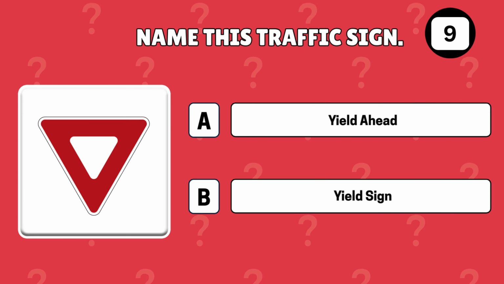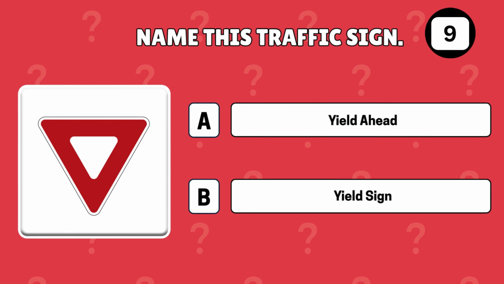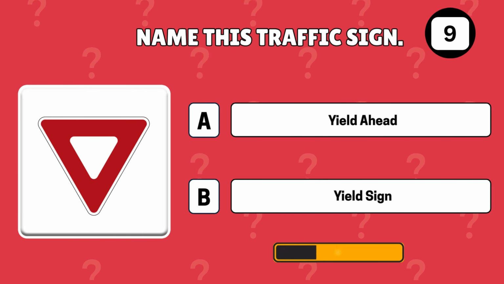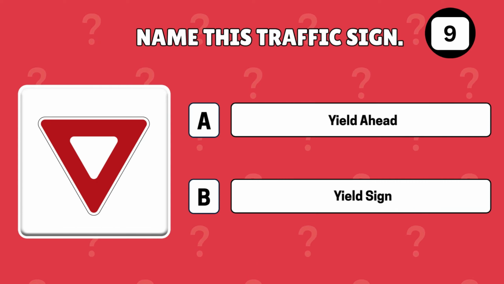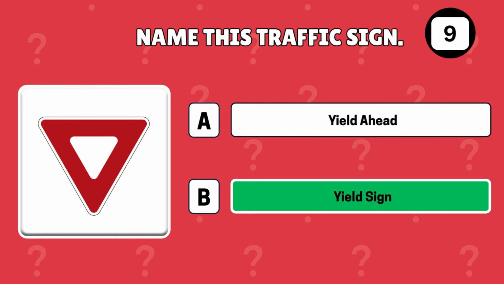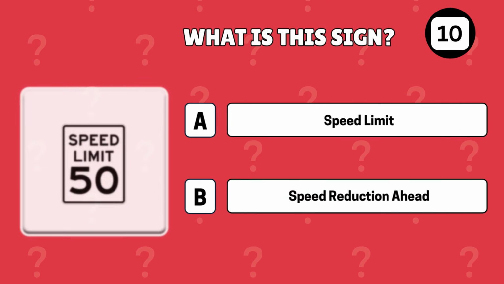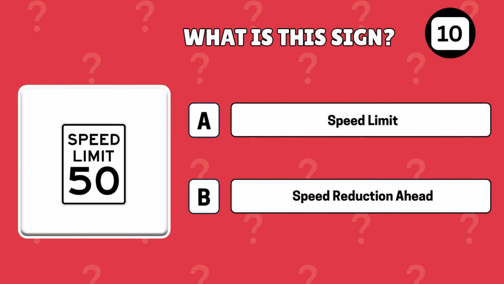Name this traffic sign. A. Yield ahead. B. Yield sign. You got it. This is the yield sign. What is this sign? A. Speed limit. B. Speed reduction ahead.